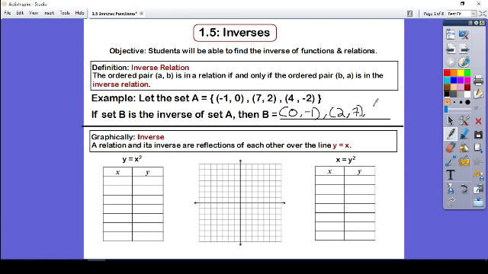And then -2 as an input would produce 4 as an output. So with an inverse, the inputs and outputs switch.